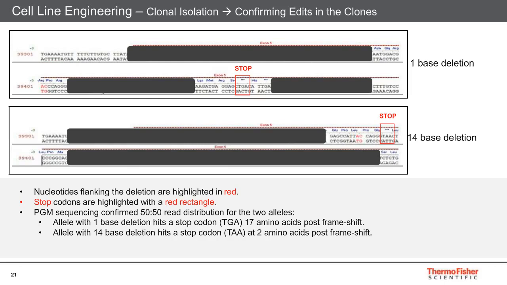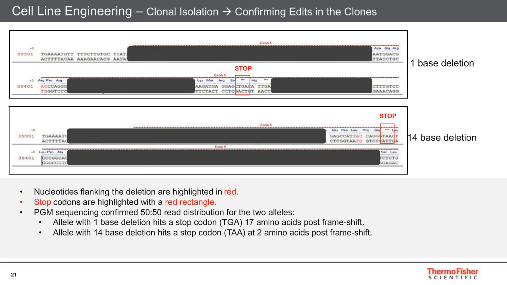So between the red highlighted A and C was the 1 base deletion, and that resulting frameshift led to formation of a stop codon, 17 amino acids downstream. In the other allele where we had a 14 base deletion, again between these red highlighted A and C were the 14 bases that got deleted.